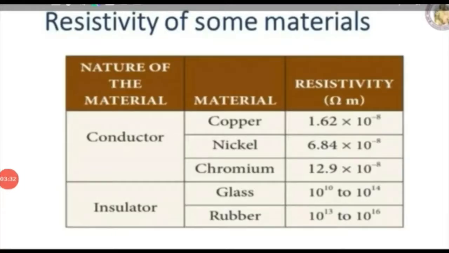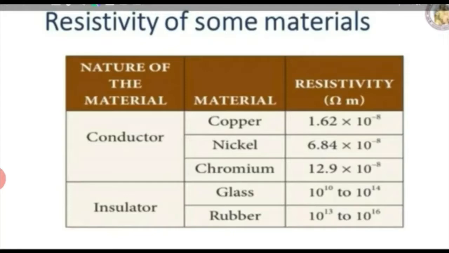Resistivity of some materials, by nature of the material. Conductor materials: copper, nickel, chromium. For copper, the resistivity is 1.62 into 10 to the power minus 8. For nickel, 6.84 into 10 to the power minus 8.